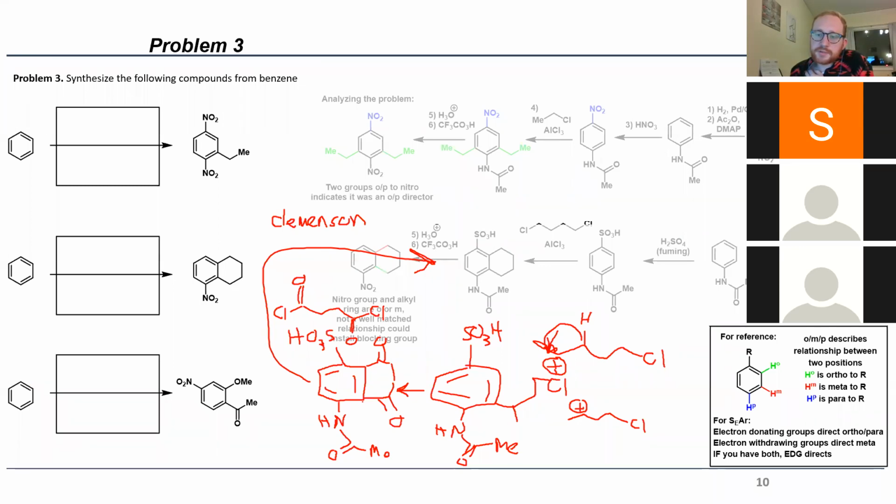Does the Clemmensen reduction cleave the amide protecting group? No, probably not. Amides are less easy to reduce than ketones.